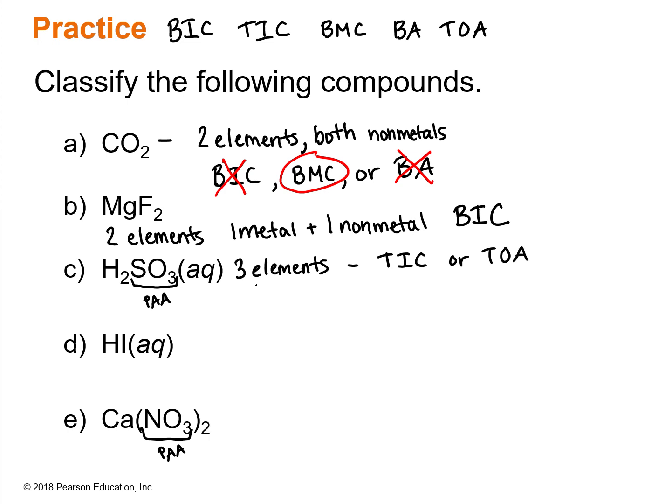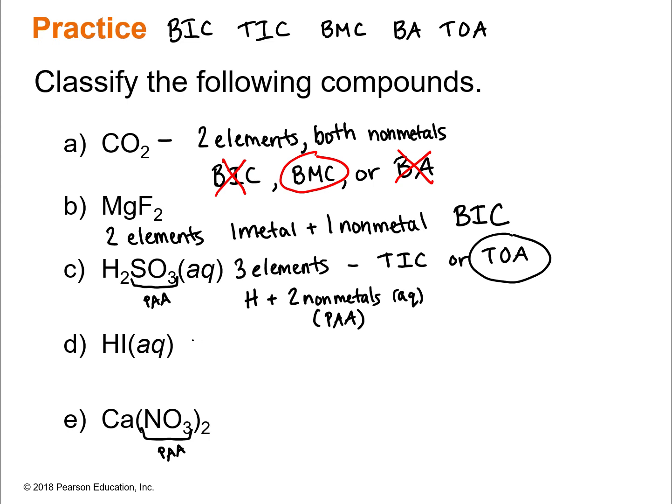Because it starts with a hydrogen, and then there's 2 other non-metals, which are a polyatomic anion, and it's got that aqueous at the end, it has to be a ternary oxyacid. So just the number of elements alone can tell you, it at least narrows down your options, but it'll tell you what you're working with, and you'll have a greater chance of getting it right.